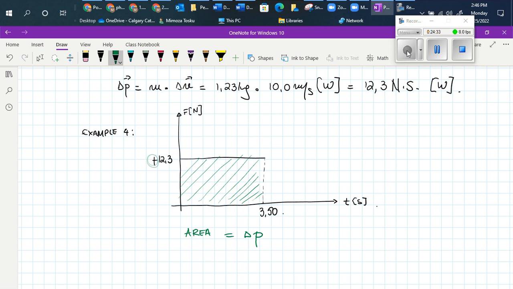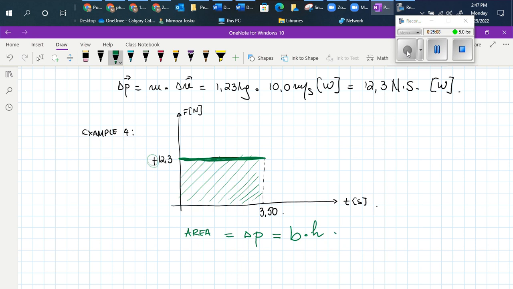So we don't worry too much what that positive direction is, but what we say here is that this is the area under the graph. And since what we have from the line to the horizontal axis, which is the time axis, is a rectangle, then the area under the graph, based on the formula for calculating the area of a rectangle, will be base times height.